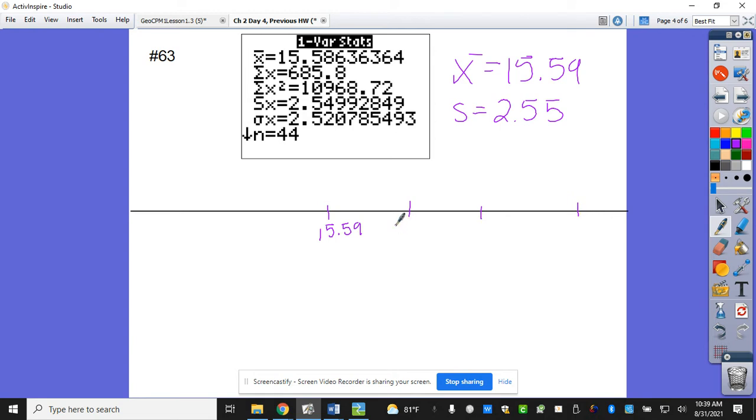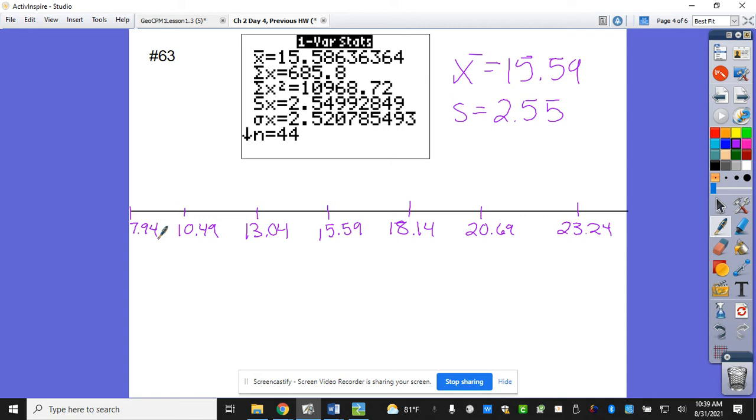What are my numbers going to be? 18.4, 20.69, and then 3 this way, which is my closest one in: 13.04, 10.49, 7.94.